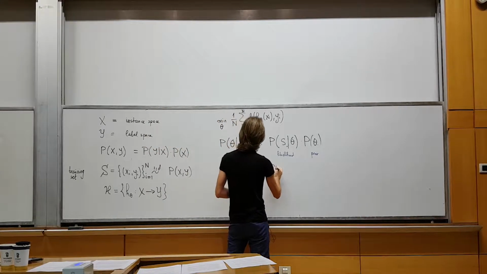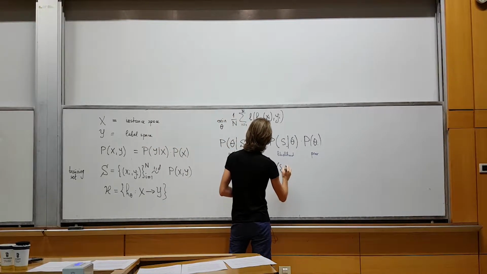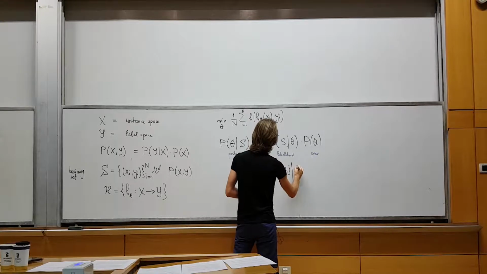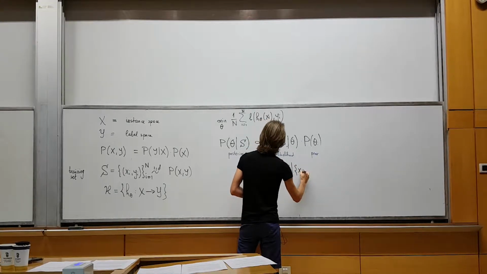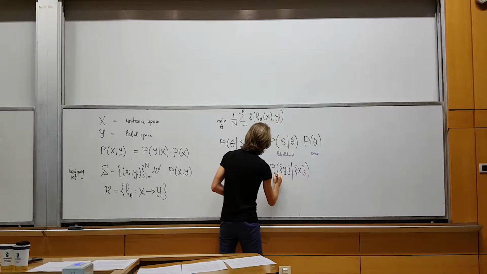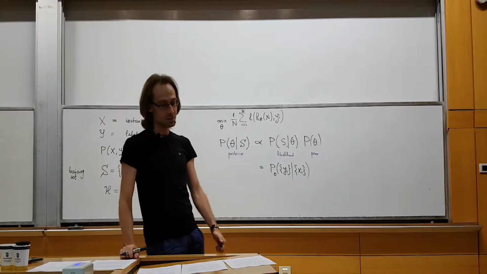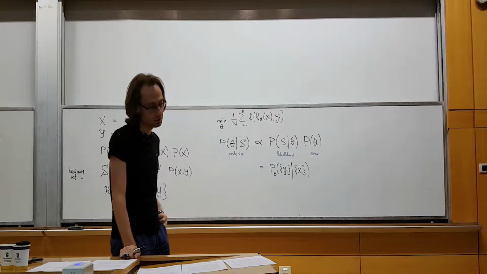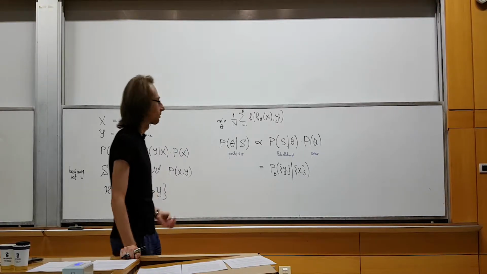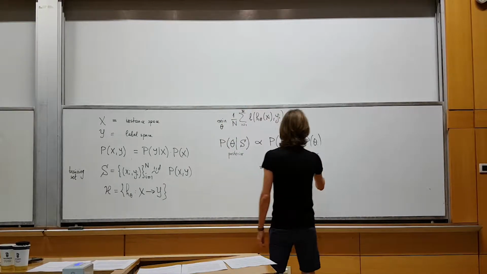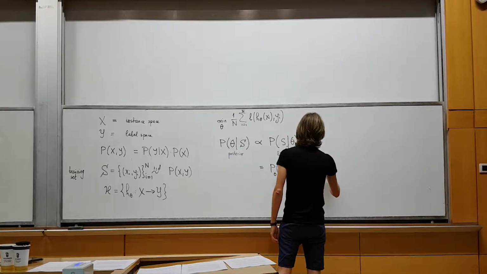I will write it as the probability of the yi's given the xi's, and let me write theta here, just to emphasize that theta is treated in a slightly different way. It's the parameter of our hypothesis, of our neural network, times the prior of theta.